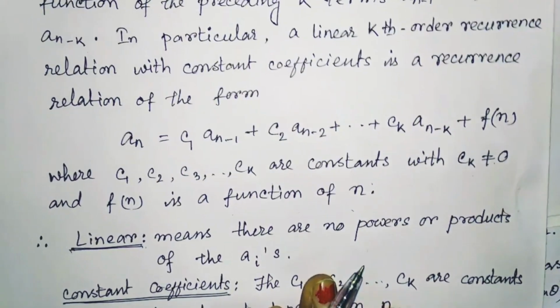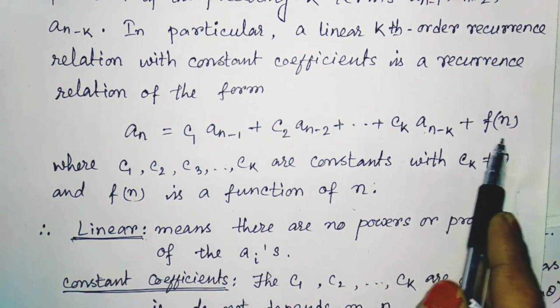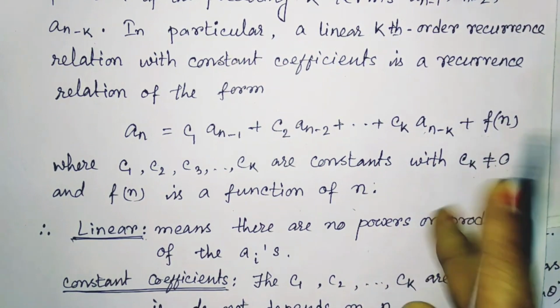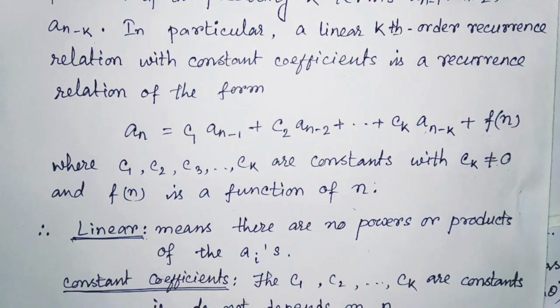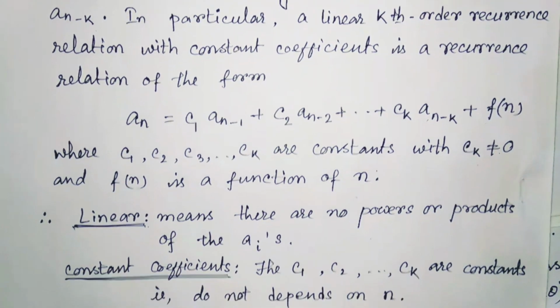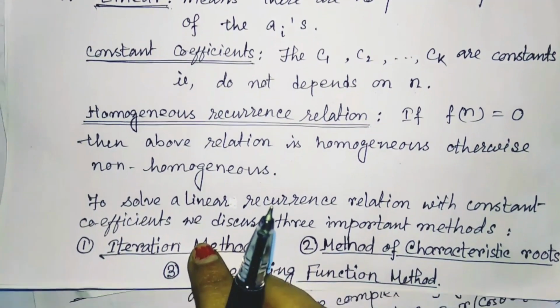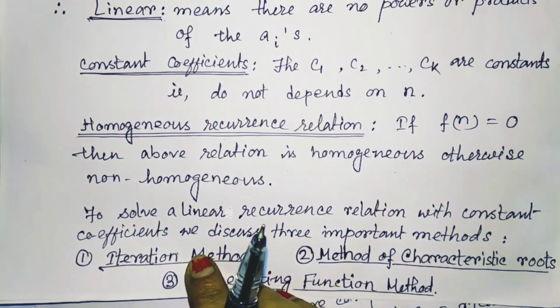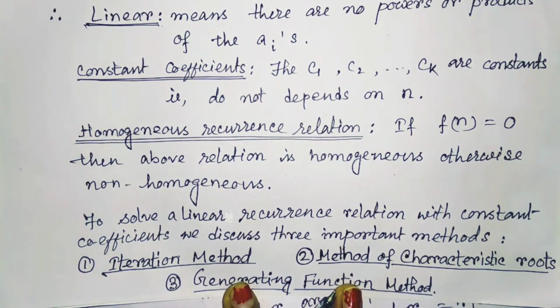If f of n is not present, then it is called homogeneous. And if this term is present, which is only a function of n, then it is called non-homogeneous.